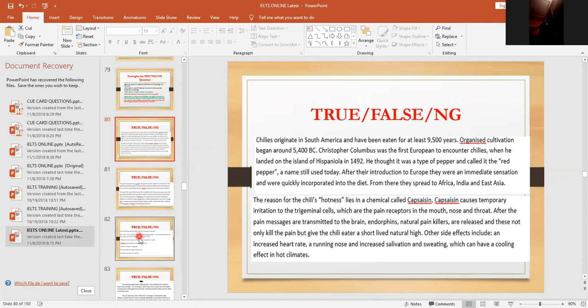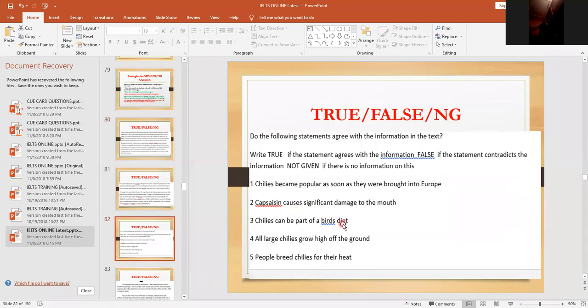Okay, so question 3. I will take you to the passage. Chilies can be part of birds' diet. I will mute again now because I want us to get this part. Maybe we will get it, or maybe some will get it and some would not. I will be giving 1 minute for this one. Question 3, chilies can be part of birds' diet.